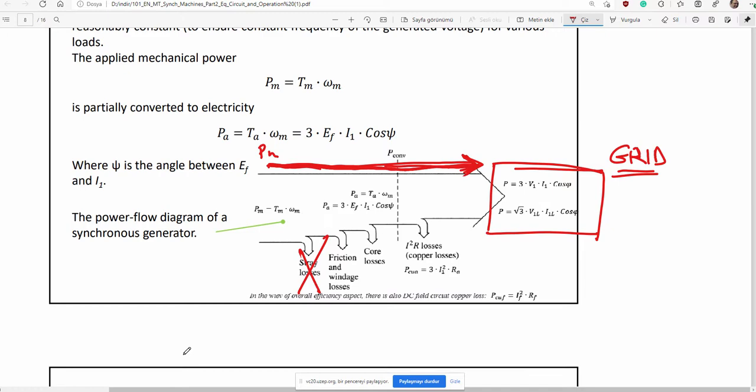For example, you can calculate windage, friction, core losses, and so on. You can calculate all the losses, but something will be missed. So there will be some additional losses out of those.